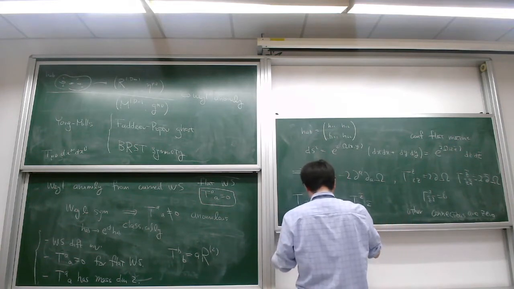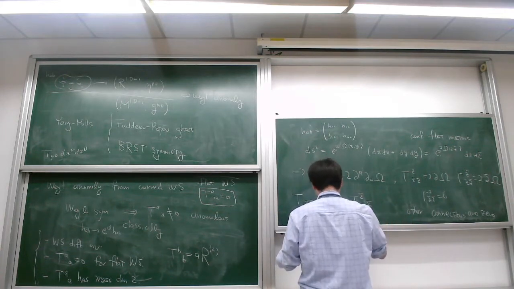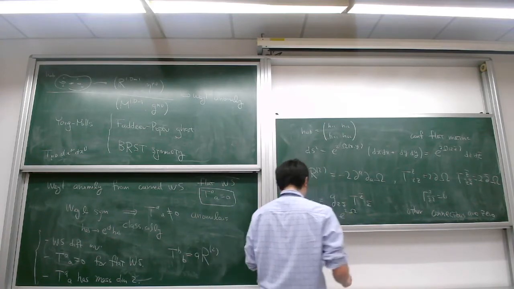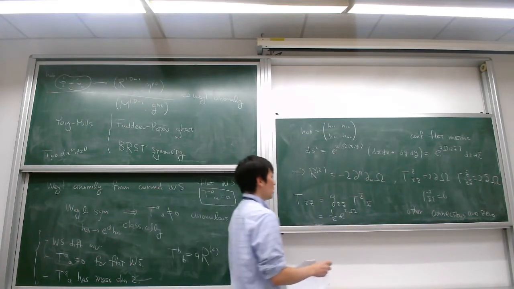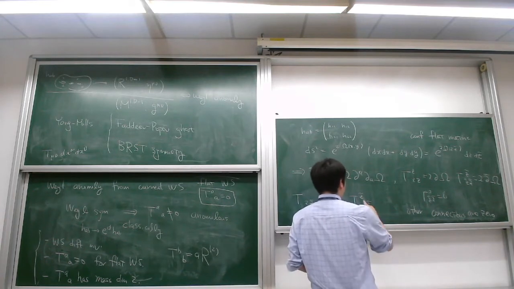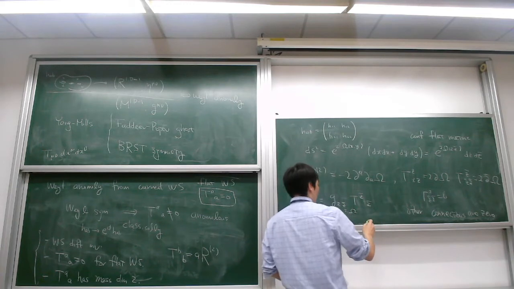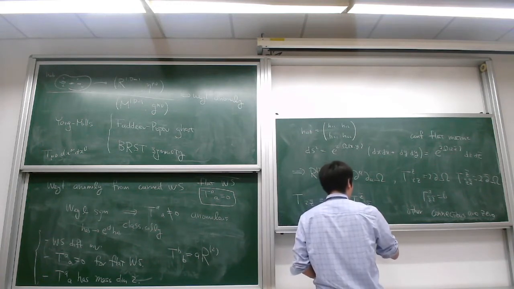So you have e to the 2 omega, and 1/2 should be here, times T_{zz-bar}, and so 1/2 T^a_a.